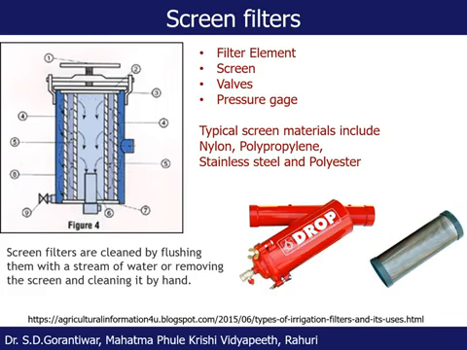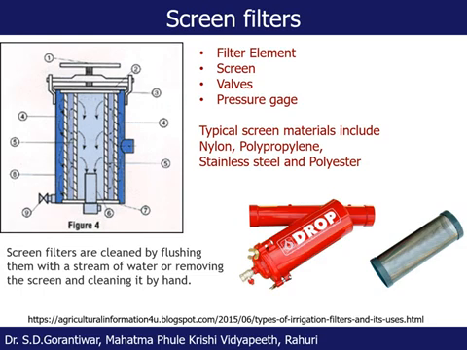Here I have shown you how the flow takes place in a screen filter. So this is one typical figure. You see there is one inlet from here, and water is entering here. Then there is the screen element.